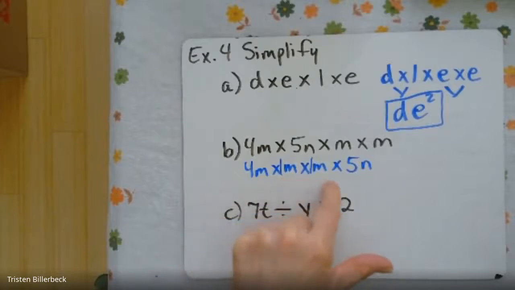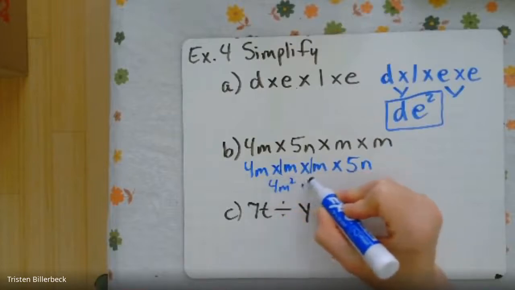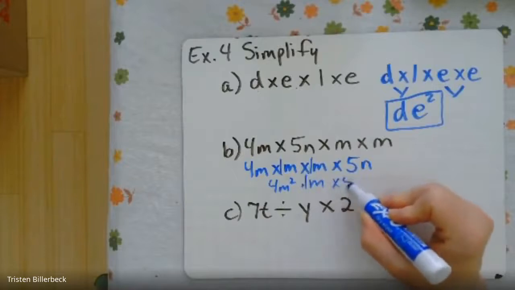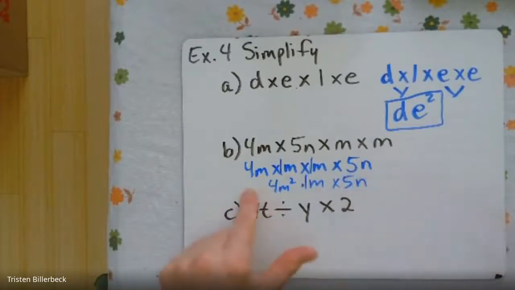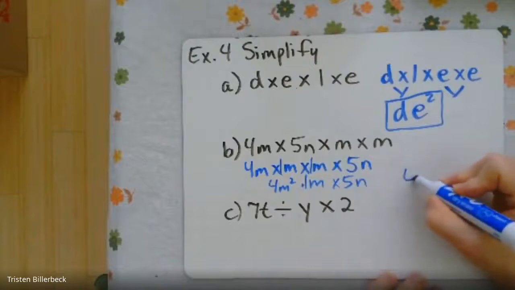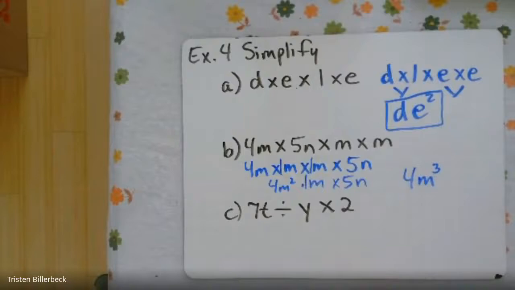Then 4 times 1, so that's 4m squared times m, 1m, times 5n. So 4m squared times 1m, 4 times 1 is just 4. M squared times m is m cubed. So we have 4m cubed times 5n.